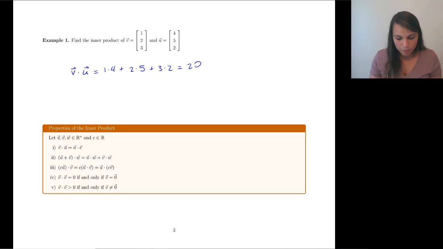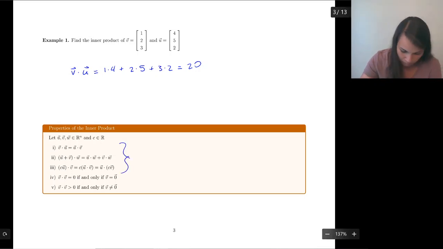Okay, properties of inner products. We've defined something new. We've got a new operation, so of course we've got to talk about, can you flip it back and forth? Does it matter what order it's in? Can you distribute? Yes, yes, yes, yes, to all of them. So these three, probably not too shocking.